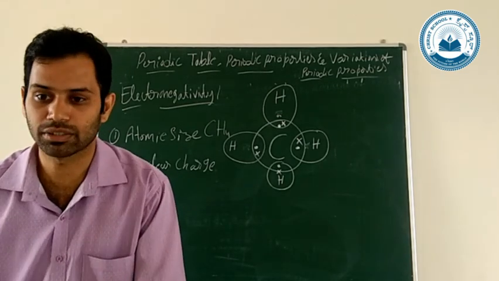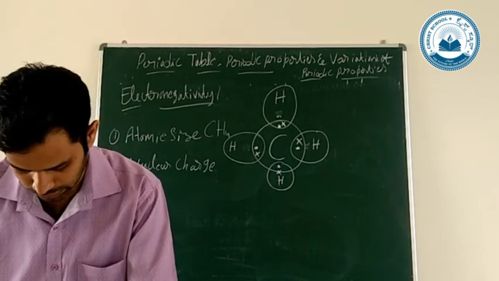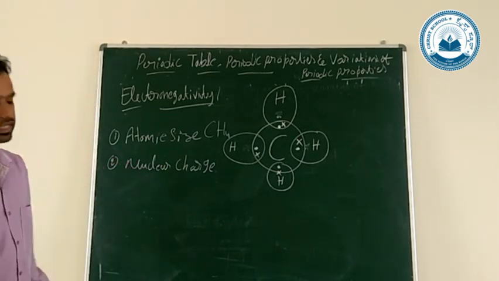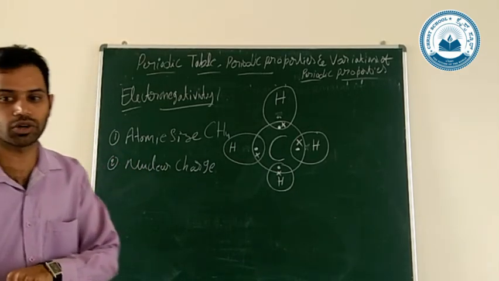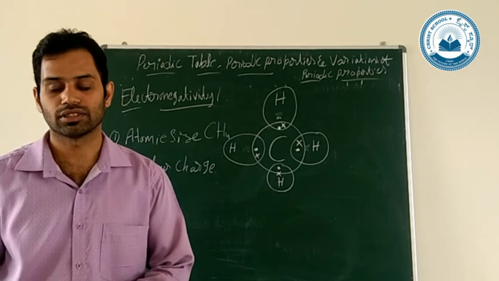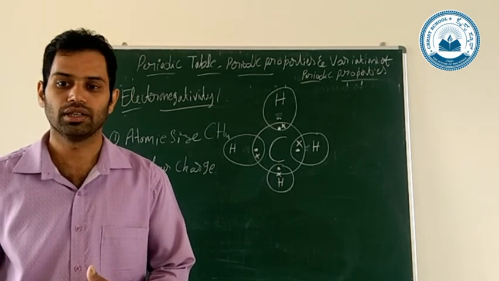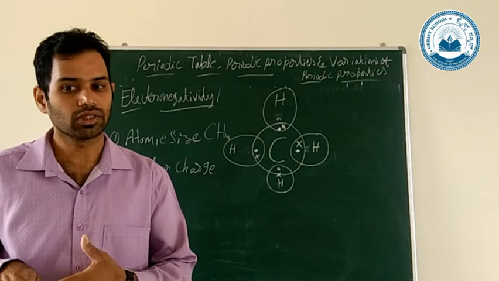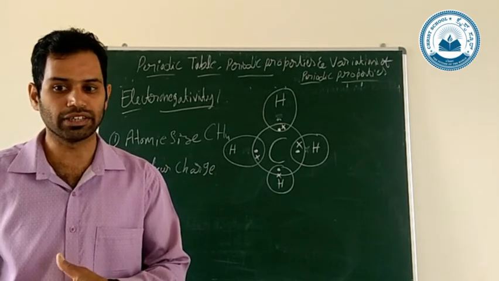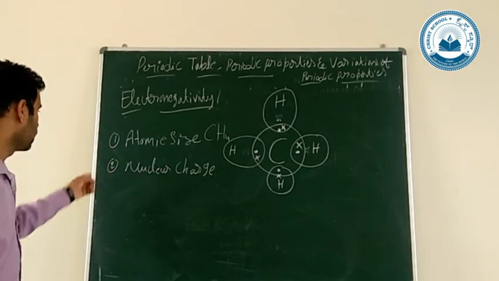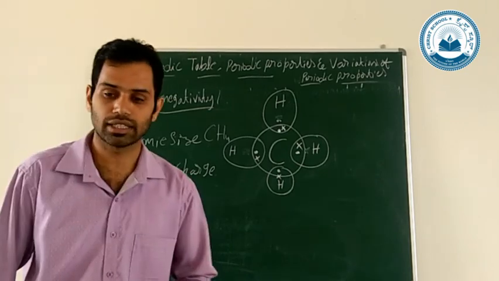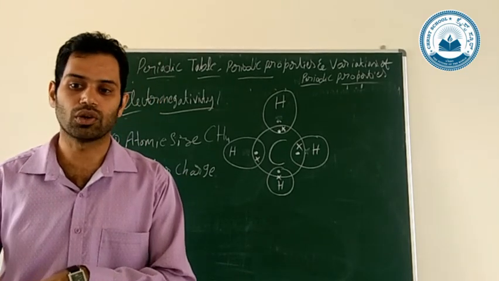If atomic size is more, then electronegativity will decrease. Atomic size is more means lesser will be the electronegativity. Similarly, the greater the nuclear charge, the more will be the electronegativity.